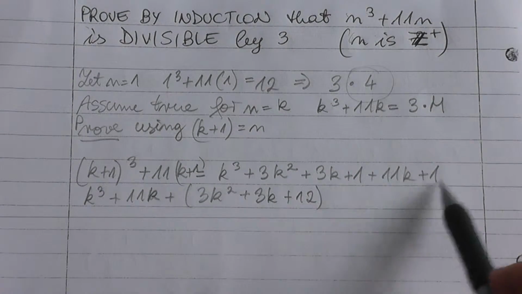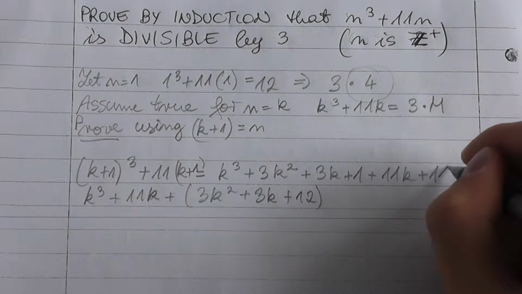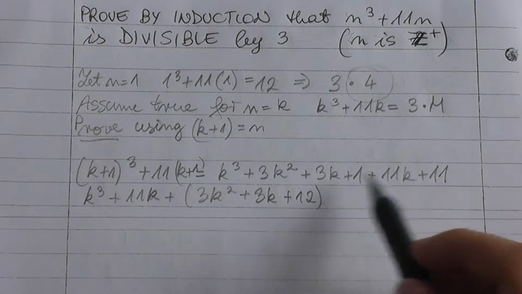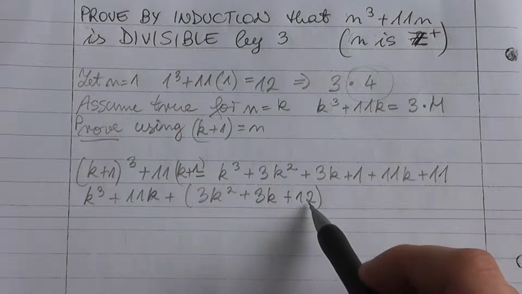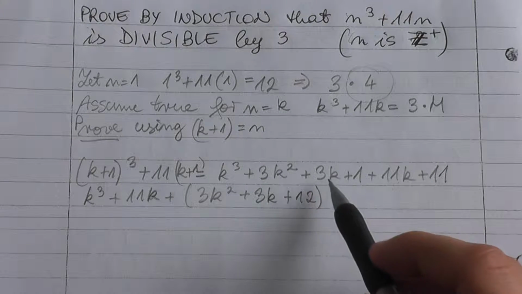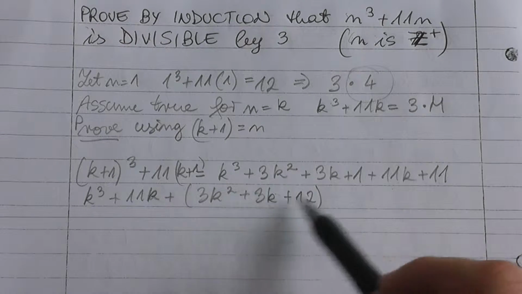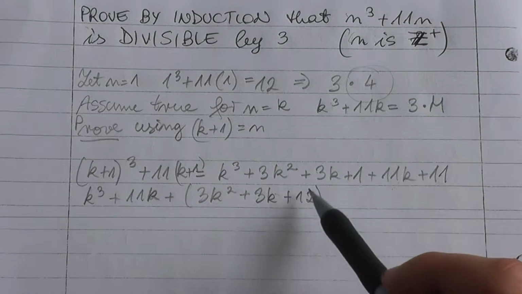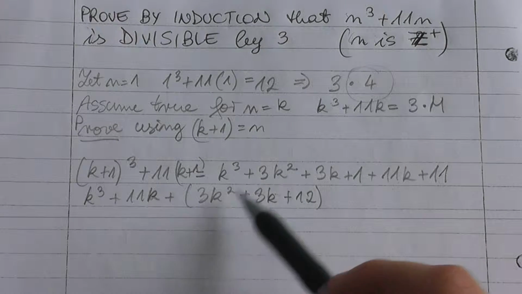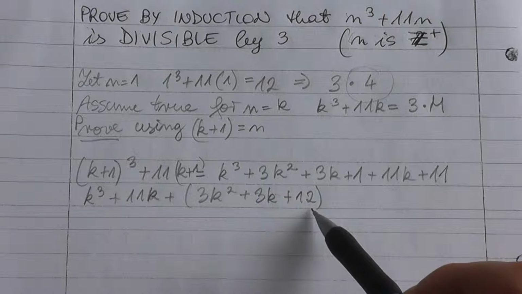I have added 11 to 1, which gives 12, and then 11k goes here, 3k squared and 3k go here. This here is very convenient because it is essentially 3 times k squared plus k plus 4.